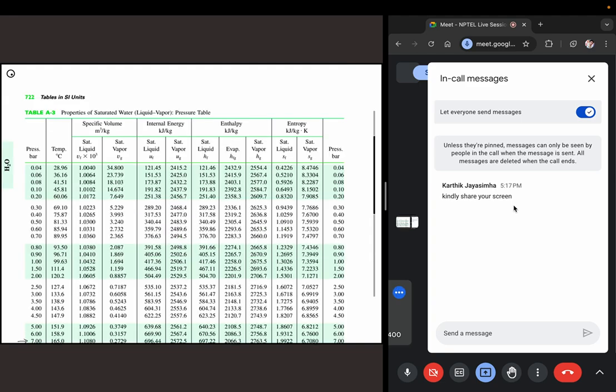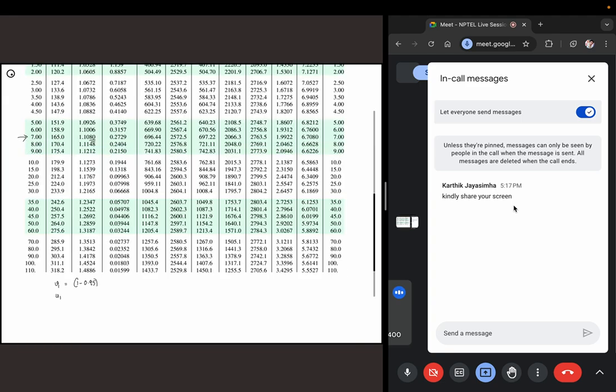You can see that when you are using this value. And similarly U1, this and this.